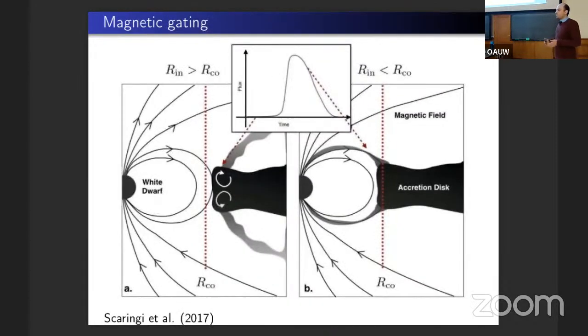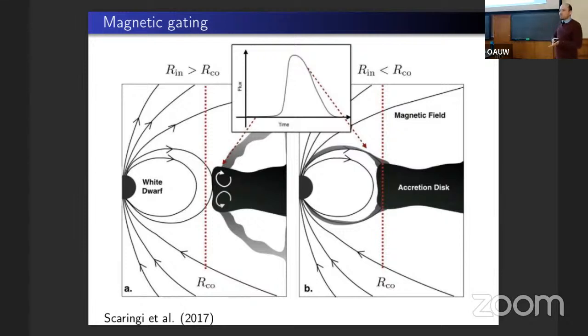So to put that into more physical terms, here is an illustration of the process. On the left side, you see a panel during the lowest state, so outside of the flare. And on the right side is the state of the system during the flare. So concentrating on the left panel, we see that the accretion disk innermost radius is farther away than the corotation radius.